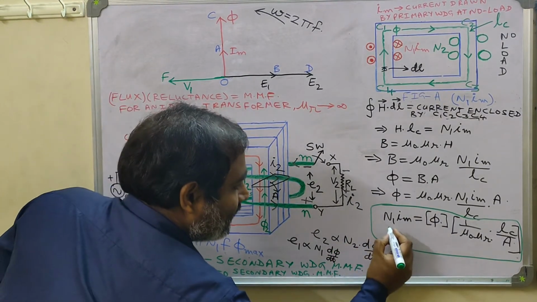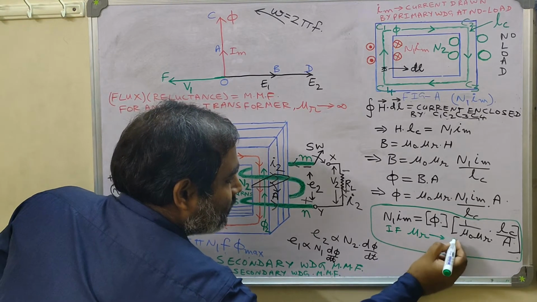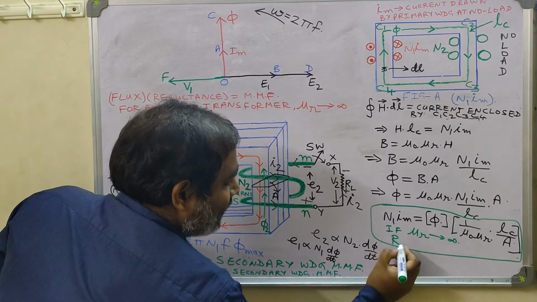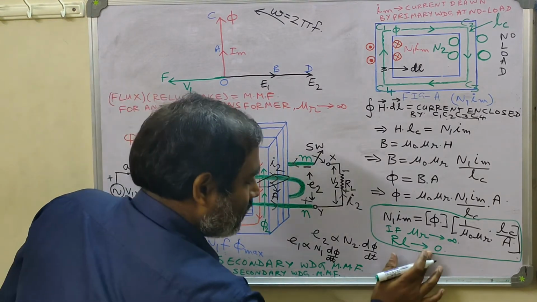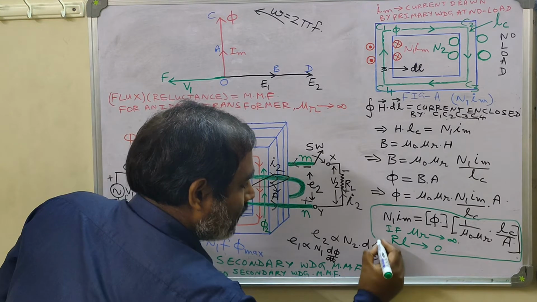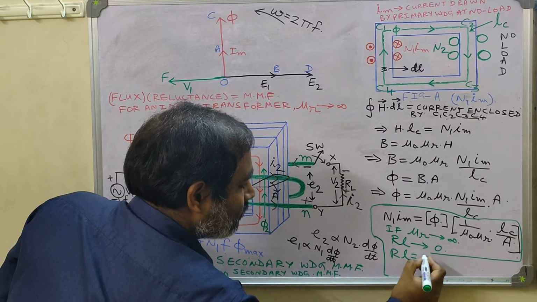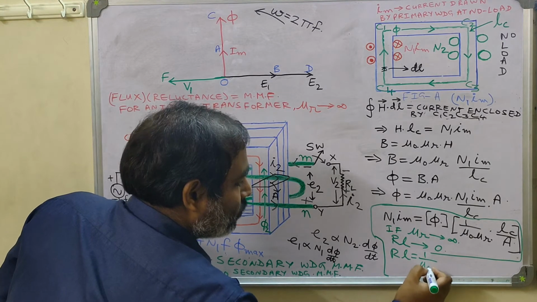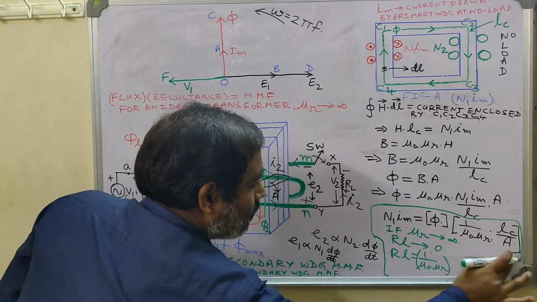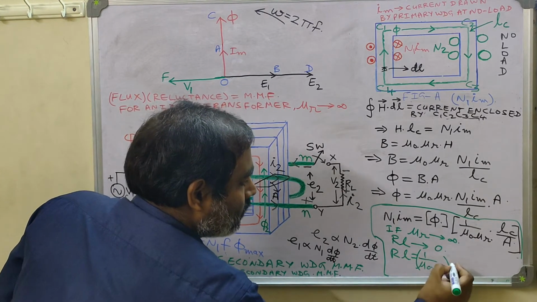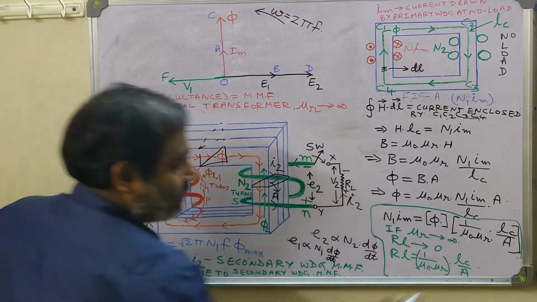So we are writing that if mu r tends to infinity, then reluctance tends to 0. What is reluctance? Reluctance RL is nothing but 1 by mu naught mu r multiplied by LC by A, isn't it?